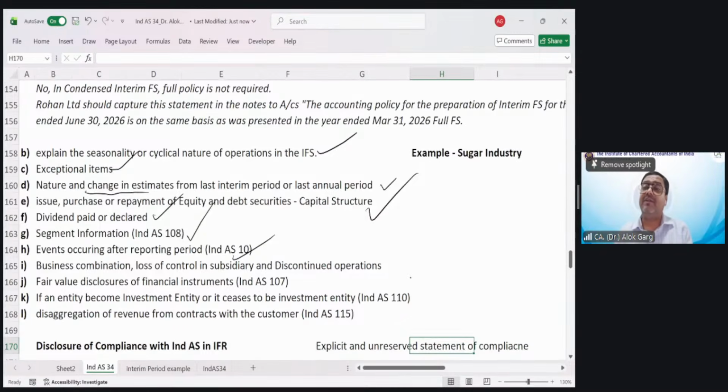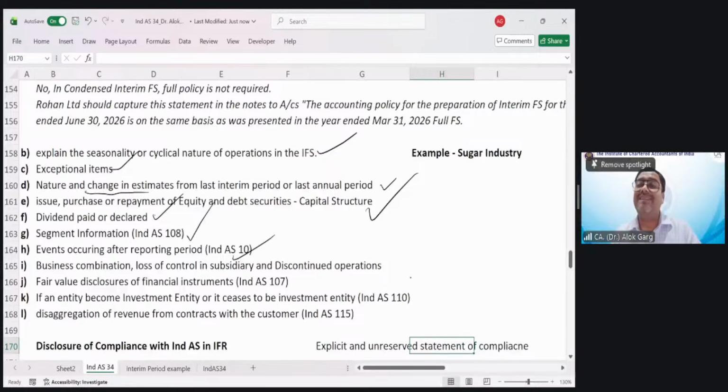The board meeting is on 25th of July. What is the event occurring after reporting period? Which events of which period will be covered in this? So from 1st of July to 25th of July, right?